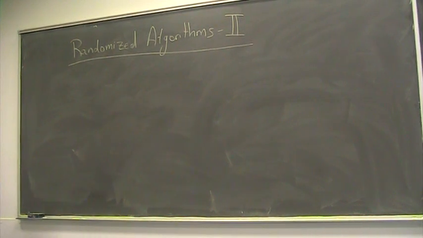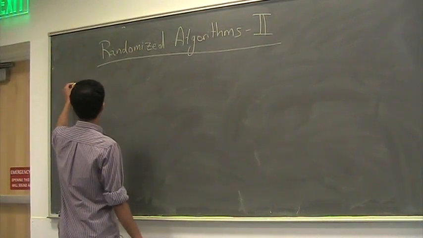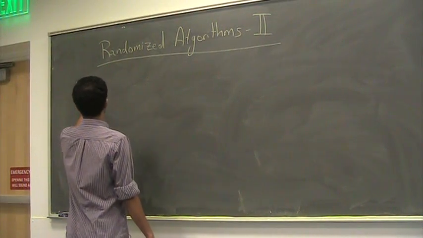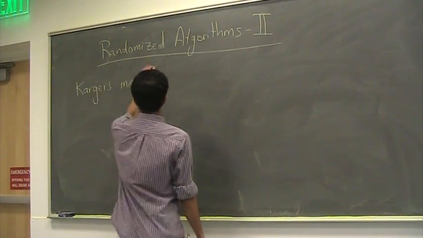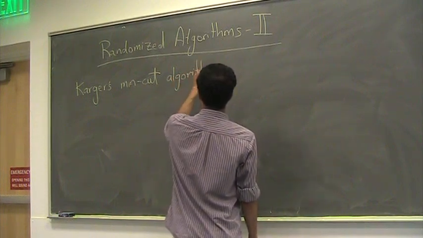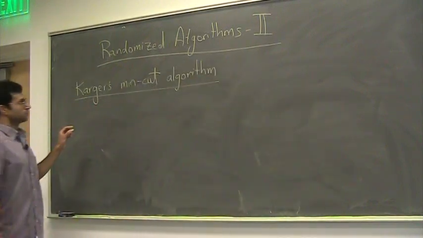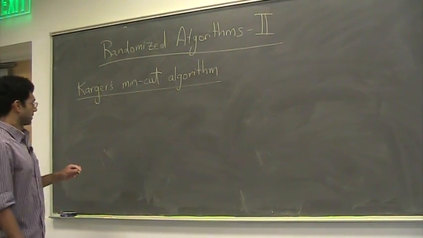As if randomized quicksort wasn't. This is known as Karger's Mincut algorithm, and it's a very surprising use of randomized algorithms.